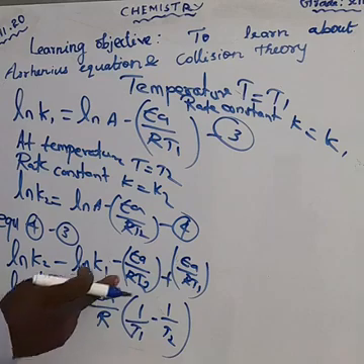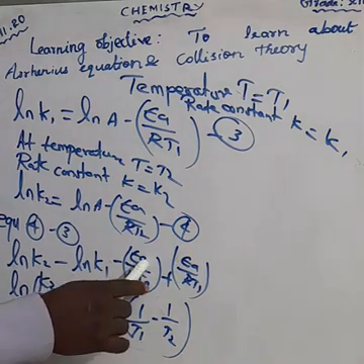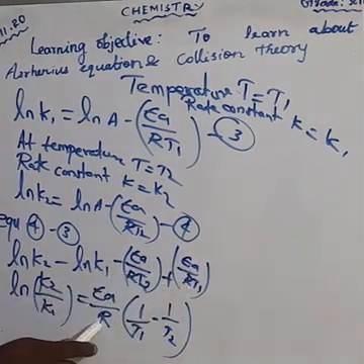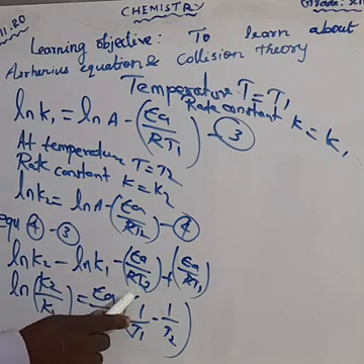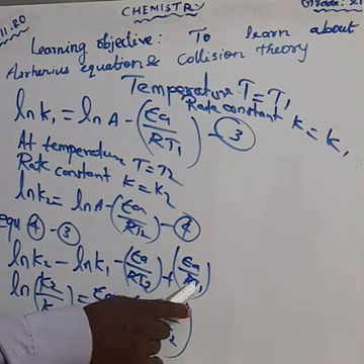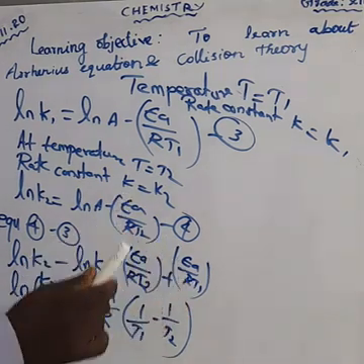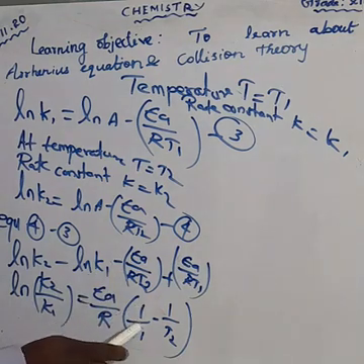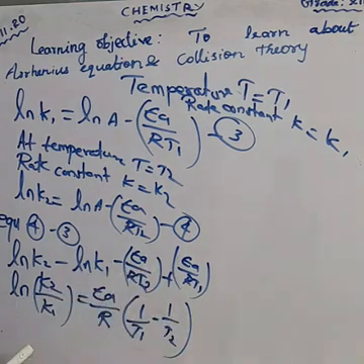The different ones are T2 and T1, so first we write 1 by T1 minus 1 by T2.